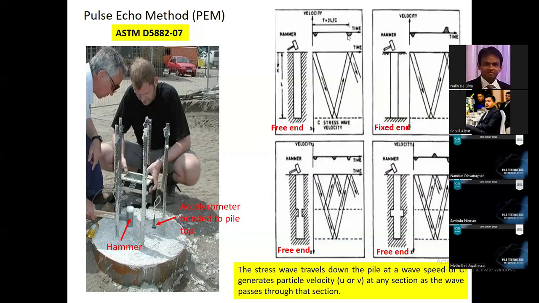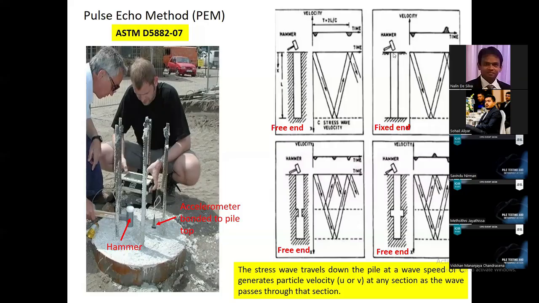So if you have a response, this is the reflected wave from the pile top. If the reflected wave is also in the same direction as the initial wave, this is indicating that there is a tensile response at the pile toe, right? As a result, you will see an increase in the particle velocity due to the free end.